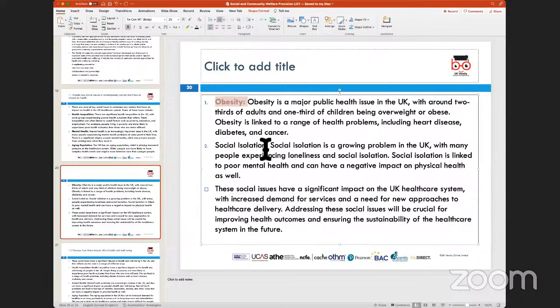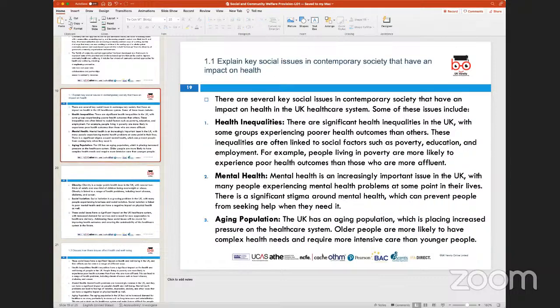We look at obesity, social isolation, and these are the big issues which the NHS is trying to tackle with the help of delivery of these services by involving members of the public, which is basically the community, and these members of the public providing the services to other members of the public within a particular area. And that is what we need to understand when we talk about social issues which are important from a societal perspective.